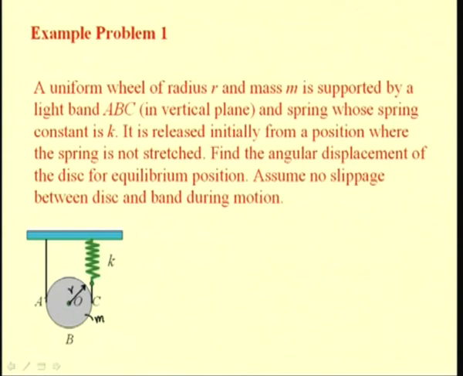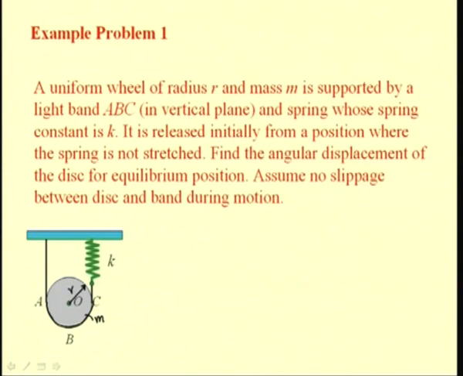This band passes over the wheel and is connected to a spring. It is released initially from the given position where the spring is not stretched. For the given position, the spring, whose spring constant is k, is in the unstretched position.